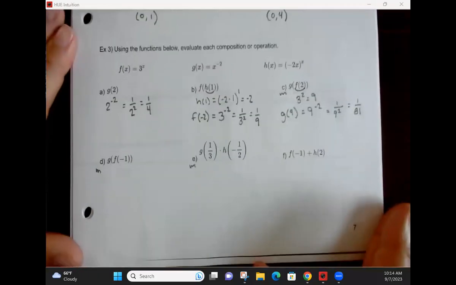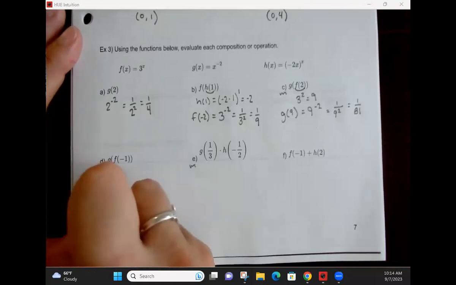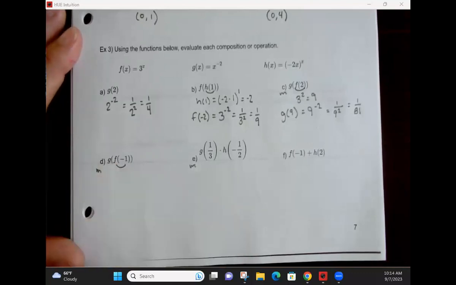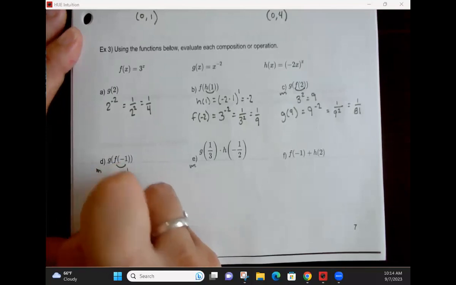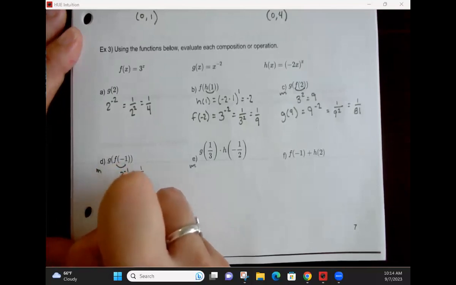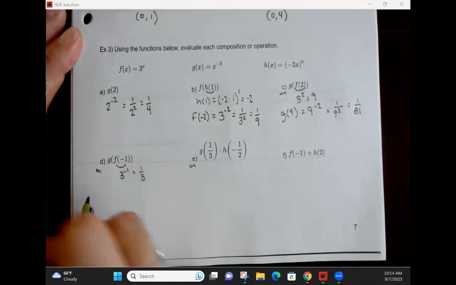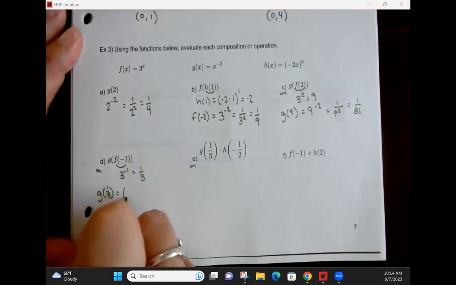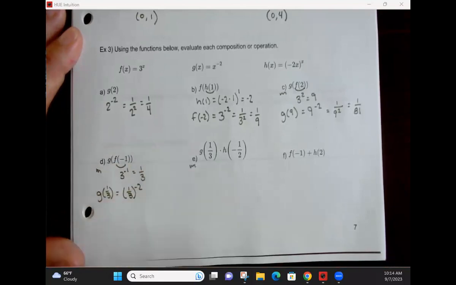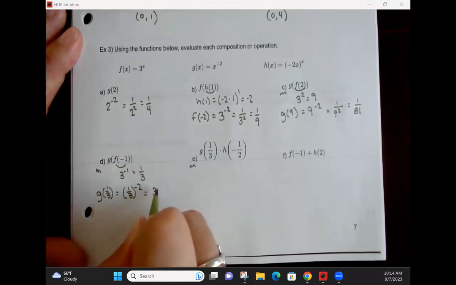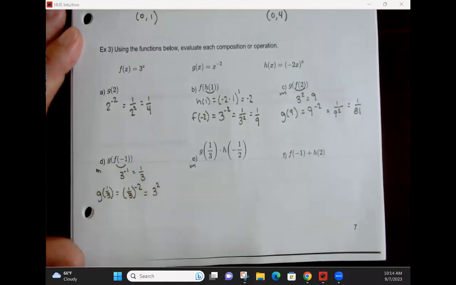Okay. For D, this is another composition. So f of -1 should be 3 to the -1st, which is 1 over 3. And then we use 1/3 as our input for g. So this would be 1/3 to the -2nd. We're taking a reciprocal here. That means I have 3 squared.